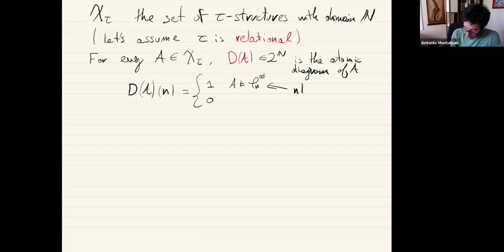This is the nth atomic formula, using constants for the elements.